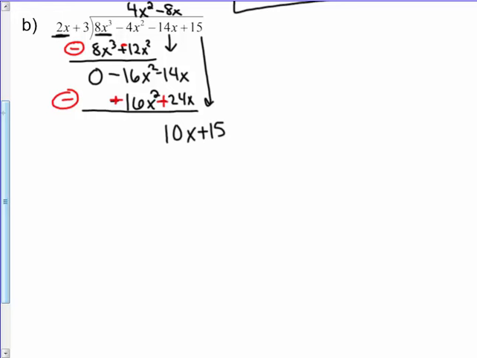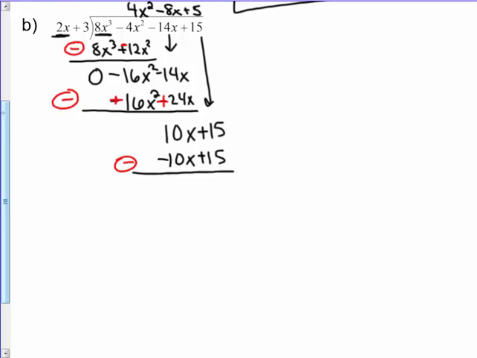What times 2x is 10x? Or, if you wanted to kind of reverse it, 10 divided by 2 is 5. So 5 times 2x is 10x. 5 times 3 is 15. When I subtract one more time, what happens? The 10 becomes negative.